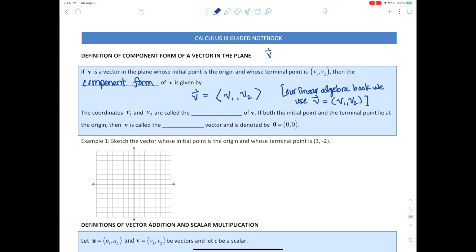But I just wanted to let you know, a lot of times people are taking both of the classes at once, right? So the coordinates v1 and v2 are called the components of v.